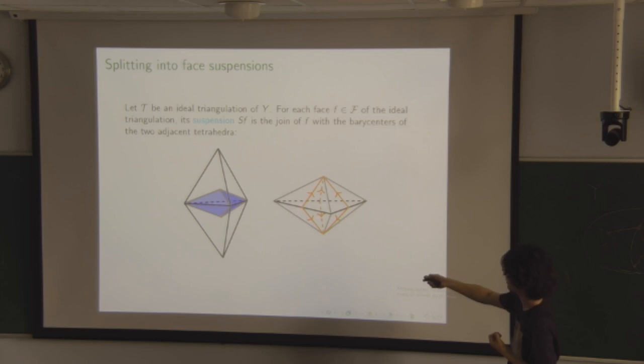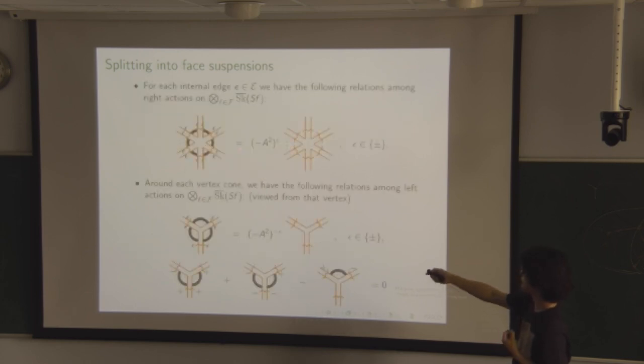In this case in particular, it has a right action by the skein algebra of a bigon, because it has degree 2, at each edge. And there are 3 of them. So we have this relation between these actions for each internal edge.